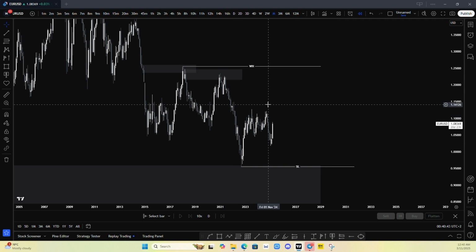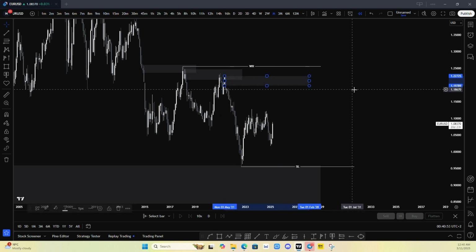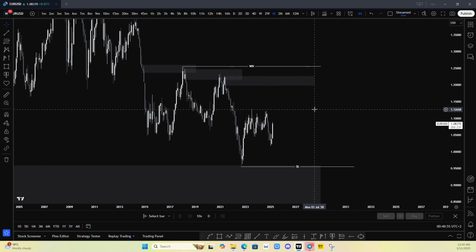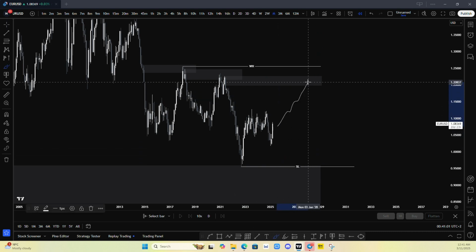So if Euro USD is still bearish, price is going to push to the upside, tap into this monthly supply area, and continue pushing to the downside.